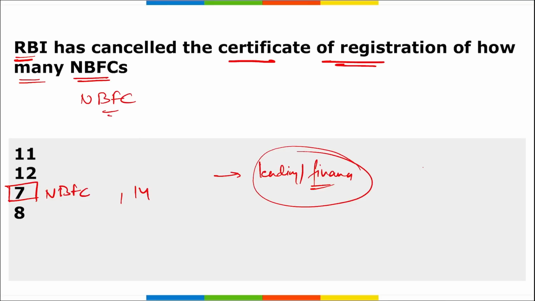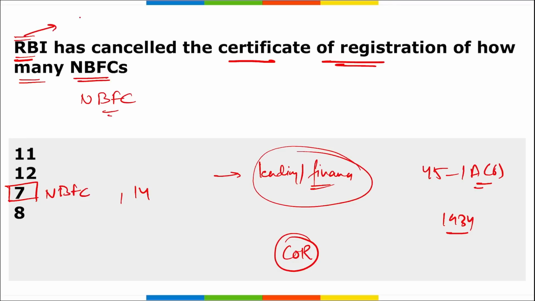So right now RBI, in exercise of the power conferred on it under Section 45-IA of Part 6 of the RBI Act of 1934, has cancelled the certificate of registration, that is COR, of 7 NBFCs. Correct? Mark this. Then if we talk about RBI, who is the governor? Shaktikant Das. 4 deputy governors are there, and remember the headquarters is in Mumbai, Maharashtra.